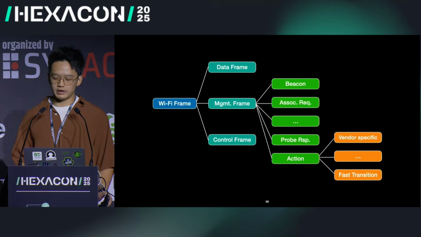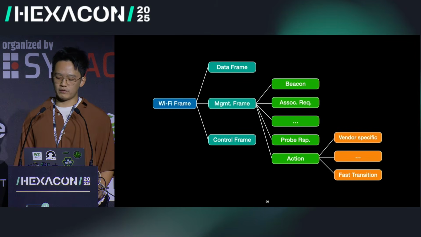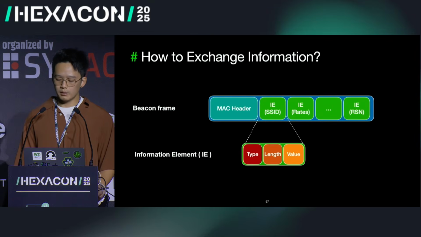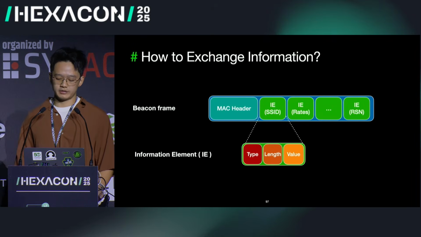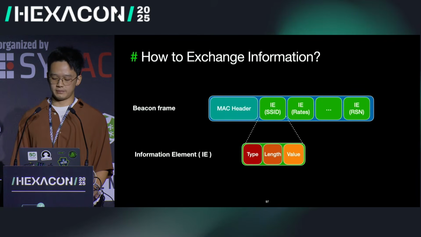By studying how they are parsed and handled, we found several 0-days in the MediaTek Wi-Fi kernel module. Most management frames after the fixed header are made up of multiple information elements. Each element has a type, length, and value. Vendors often don't check them properly, making them a major attack surface.